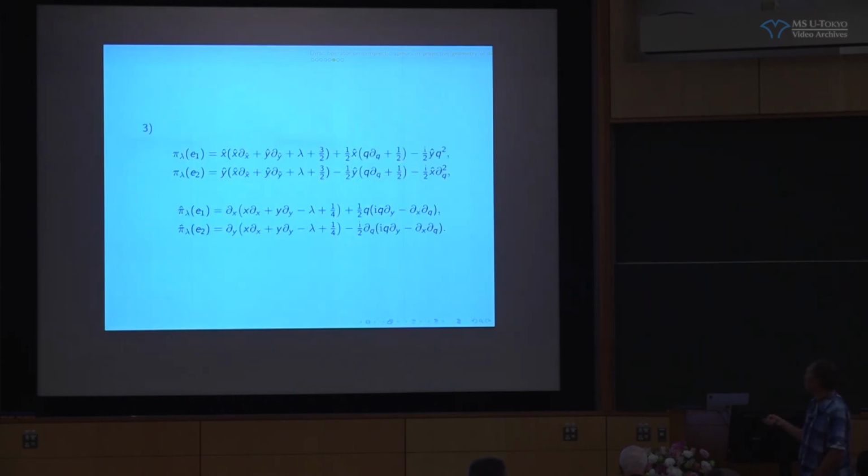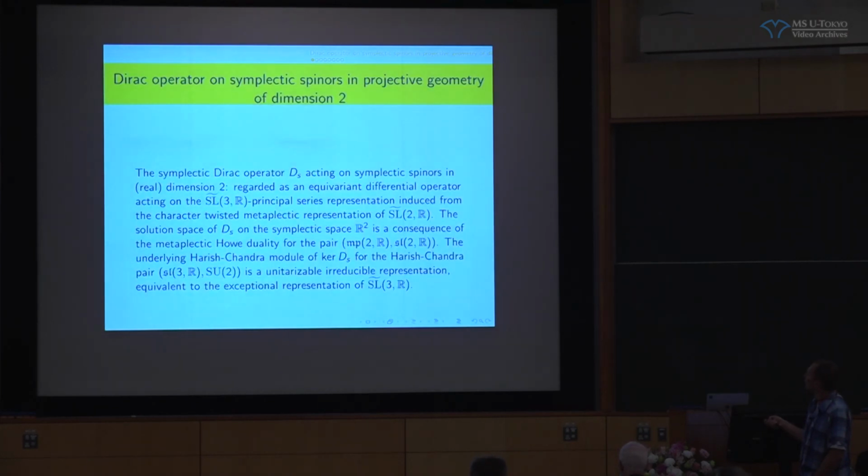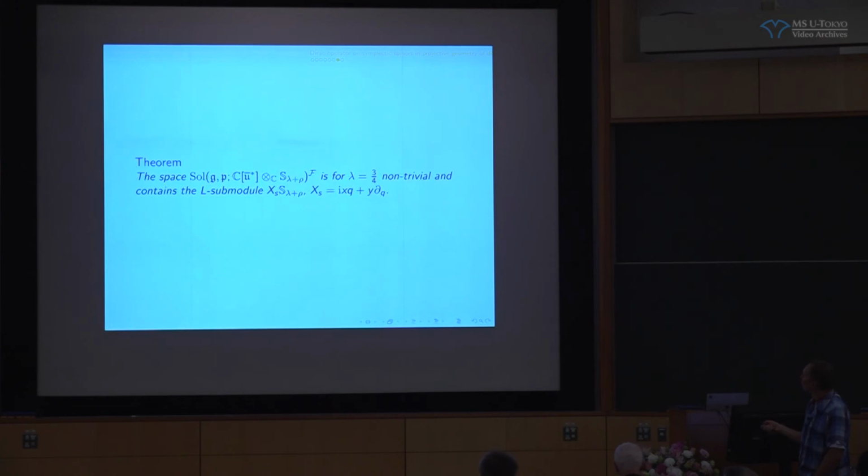It is generated by D, the Dirac operator. It's a Fourier dual object, that's XS, and the homogeneity operator in the base variables X and Y.